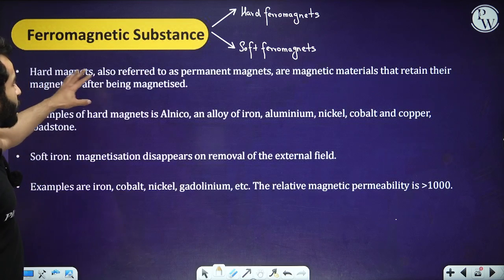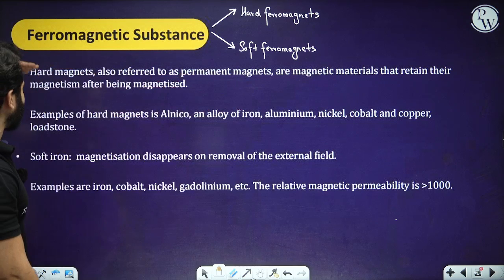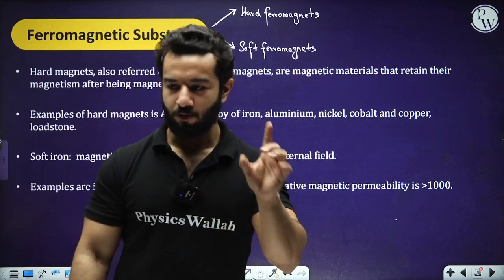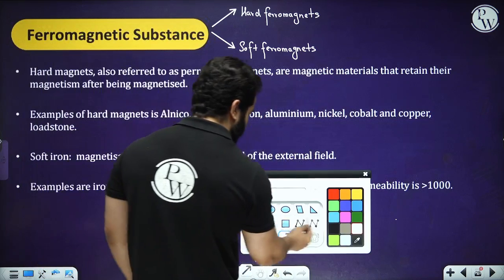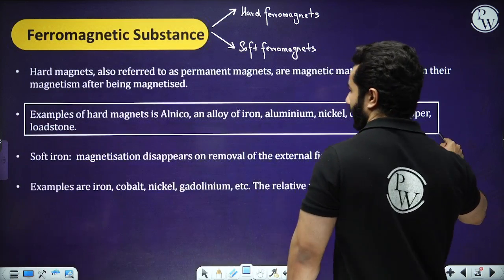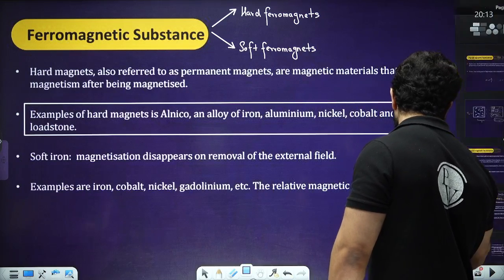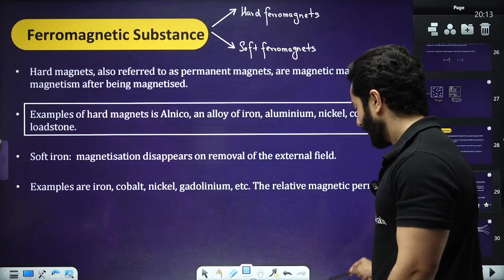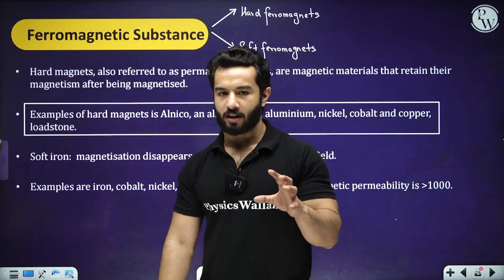Now, hard ferromagnets are referred to as permanent magnets, in which the magnetic materials retain the magnetization even after the magnetizing field is removed. We are going to talk about it in hysteresis, but examples of these are alnico, an alloy of iron, aluminium, nickel, cobalt. So this basically means that even if you have removed the external magnetic field, the retention of magnetic character is going to be quite large, quite big.